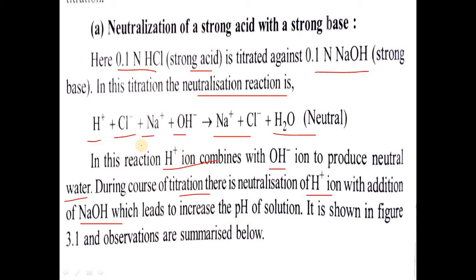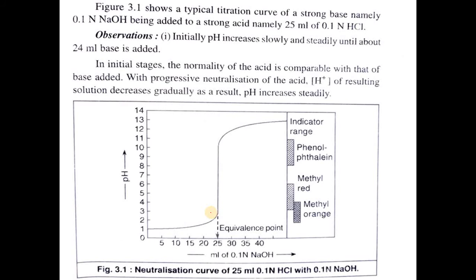As H+ ions decrease with the addition of NaOH, the pH of the solution goes on increasing, which is shown in the following diagram. Figure 3.1 shows the typical titration curve of a strong base, 0.1 normal NaOH, against a strong acid, 0.1 normal HCl.